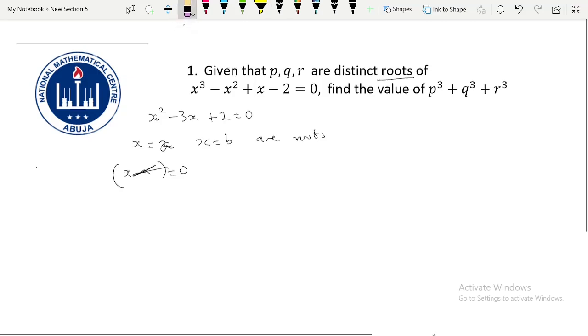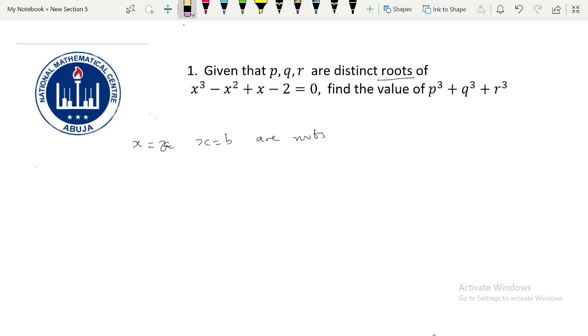Let me explain it differently. Assuming they tell you that x equals 2 and x equals 1 are roots of an unknown quadratic equation, and then they say find the equation.